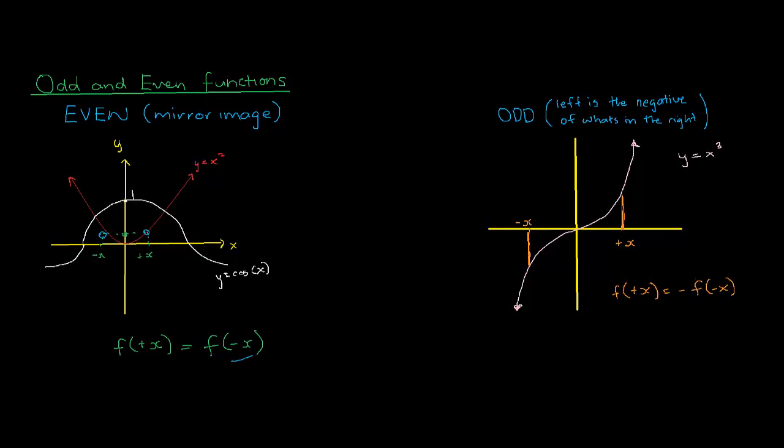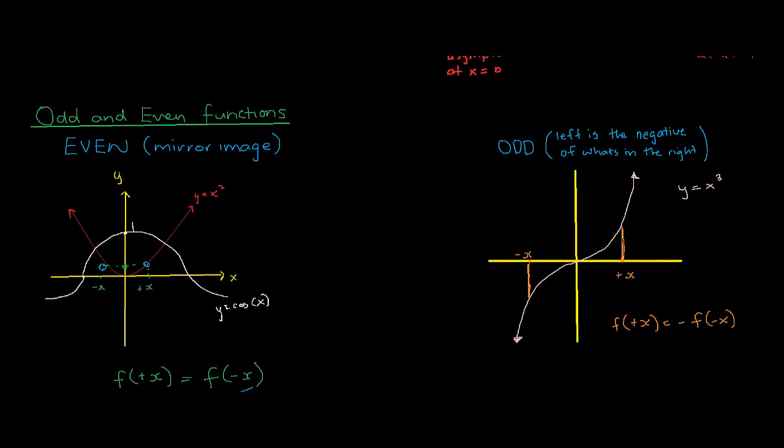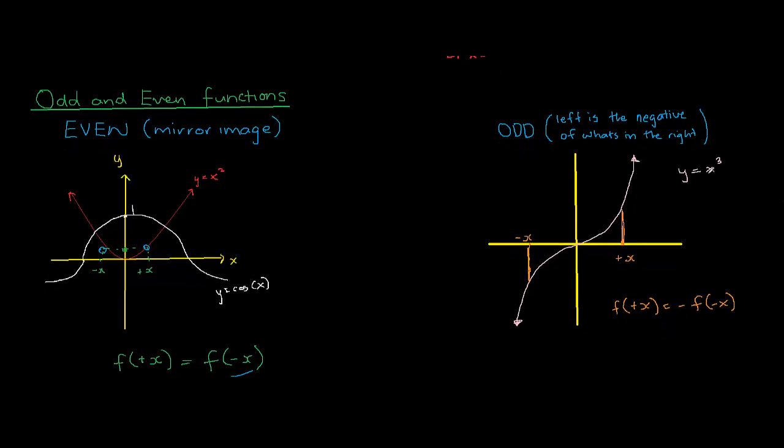Beautiful. So that's even functions. Odd functions are kind of the opposite. So you can have even functions, odd functions, or neither. We won't talk about neither for now. It's just neither of these two cases. But for odd functions, the classic odd function is y equals x cubed. So with odd functions, what is on the left is the negative of what is on the right.